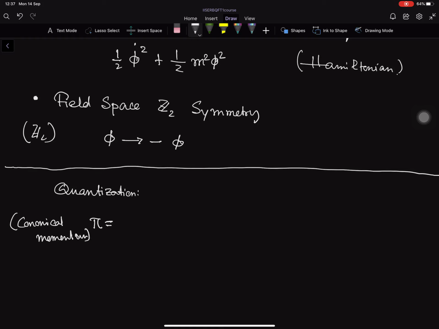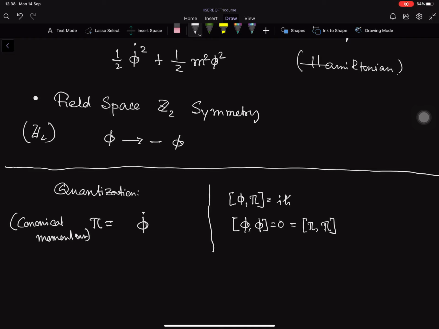In this case, the canonical momentum is simply phi dot, which means that the quantization rule is that the bracket of the field and its canonical momentum is i h bar. The field commutes with itself, and of course the momentum also commutes with itself.